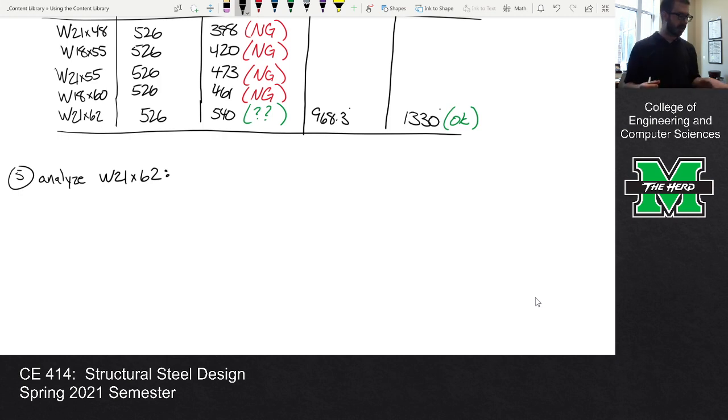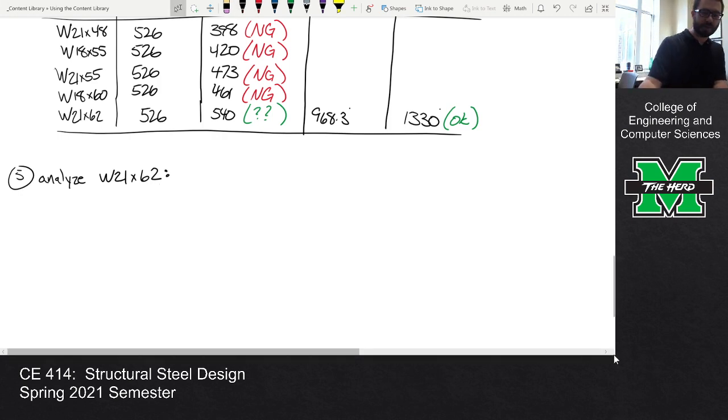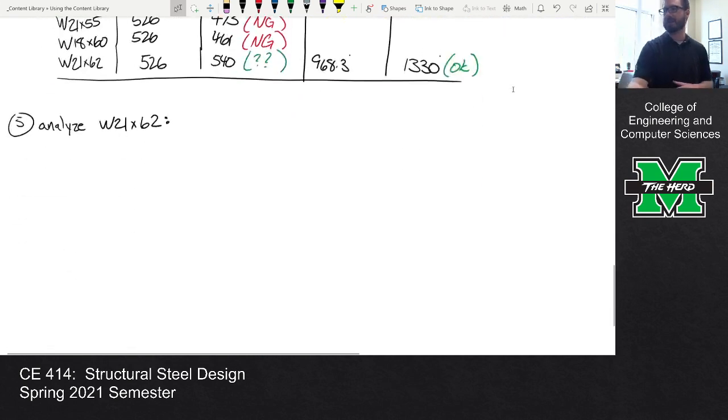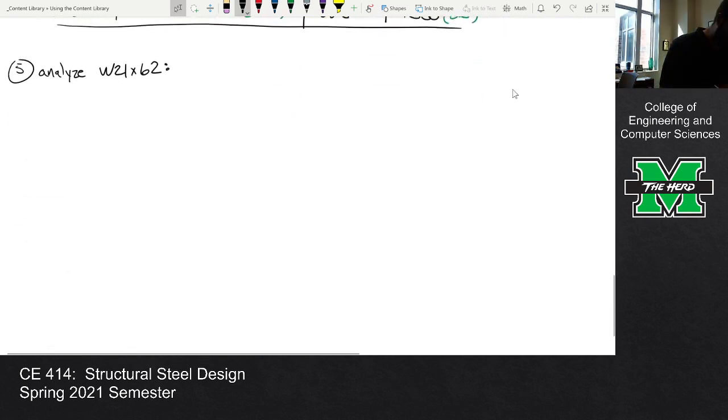We're still going to go through it and check all of the math. So I'm going to write some properties for the W21 by 62, and I'm just getting these from up here. So for instance, the LP is 6.25 feet, the LR is 18.1, etc. I'm going to write all those here. So LP is 6.25 feet, LR is 18.1 feet.